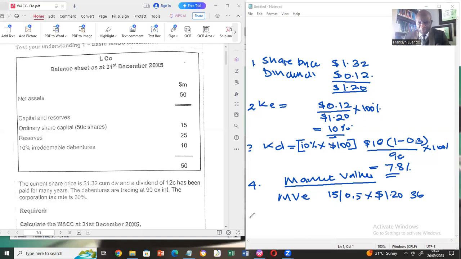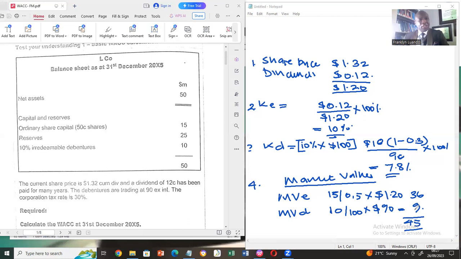And now we have the market value of debt. The debt there is 10. And for every 100, the market value is 90, which gives us 9. Total market value 45.